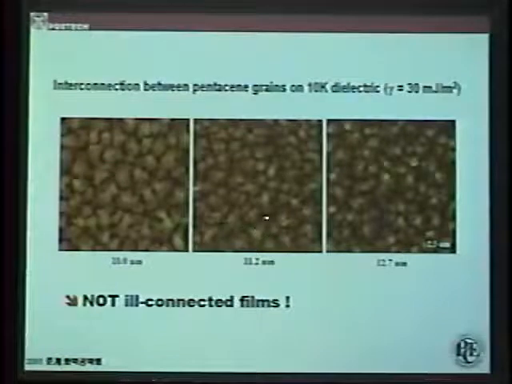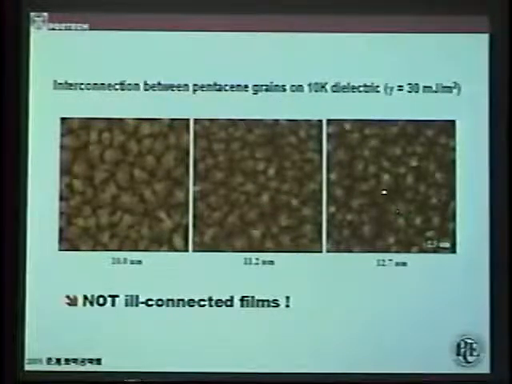For the deposition of pentacene, we have more cross packing. So we have a better mobility than the other two-dimensional growth mode.